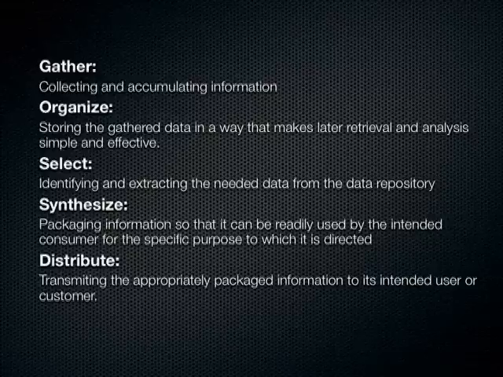So let's say, for example, I'm going to create a mashup. And this mashup may include a Google map, it may include music, it may include weather data. So I'm going to gather all this information up, I'm going to organize it in such a way, I'll select the pieces that make sense, I'm going to synthesize it, put it all together.